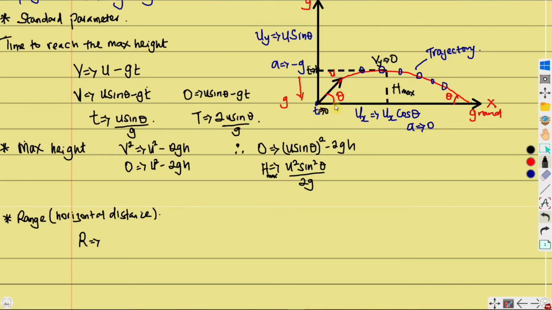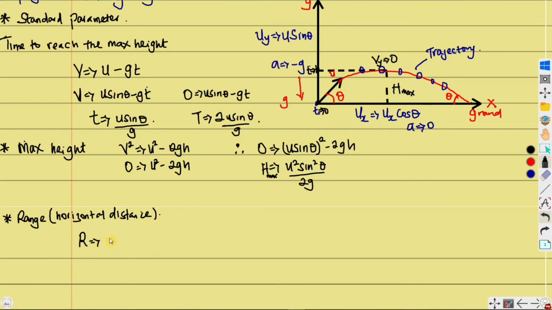Remember the body is not accelerating horizontally, so we can say it is the product of the speed, where S equals ut, and the time of flight. You can see the parabolic movement I'm doing here.